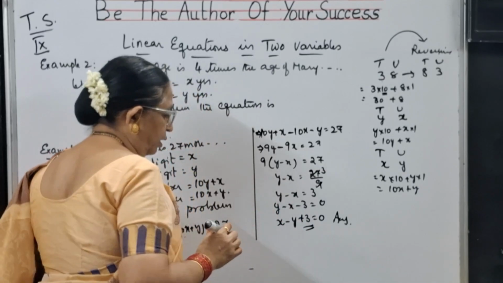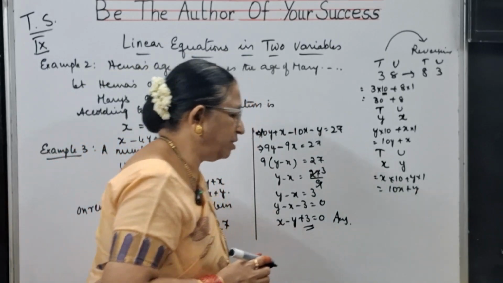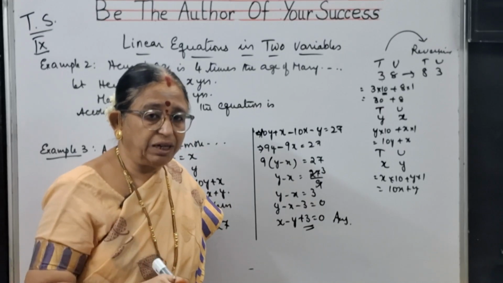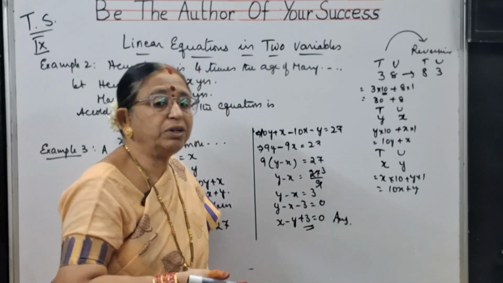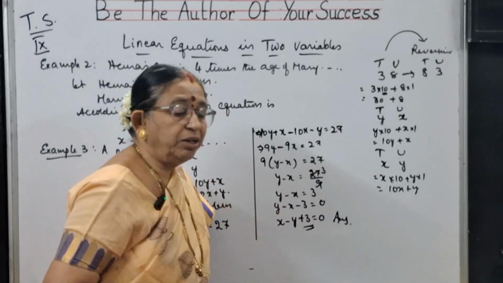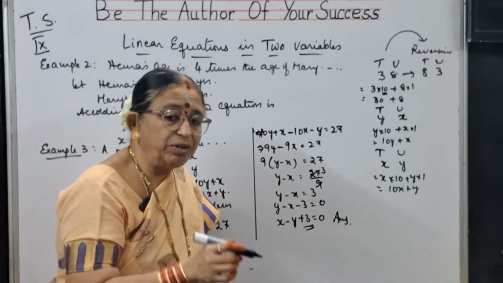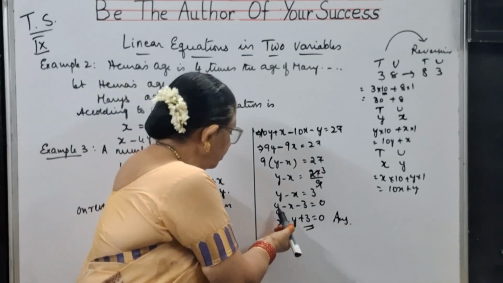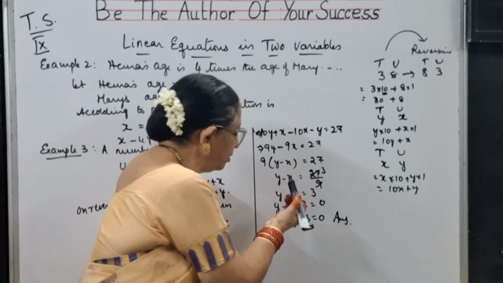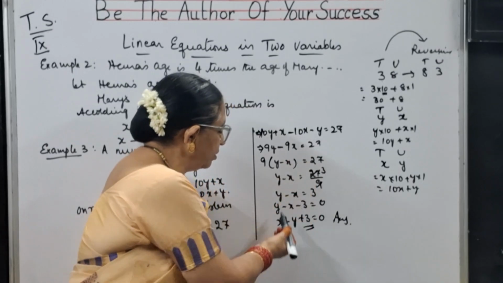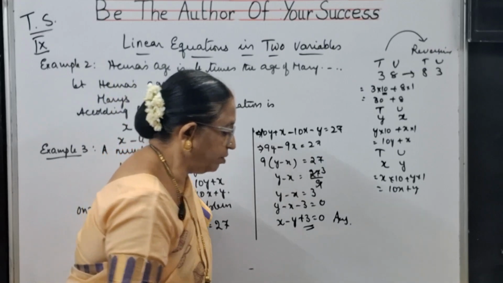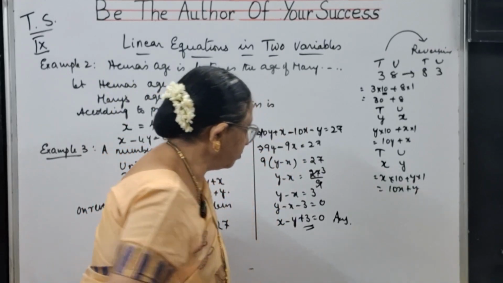But usually in algebraic expressions, it is not convenient if you write minus initially. So we wanted to make it plus. If you want to change the sign of x, you need to change the sign of each and every term in the equation. So this is how you will write the equation, children.